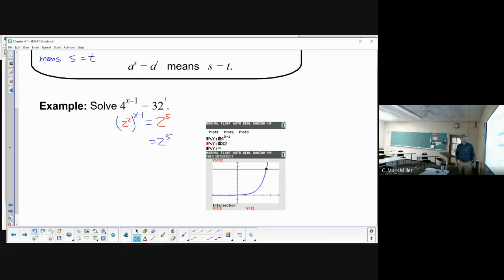You're going to use the property that a to the s to the t equals a to the st. You need to be able to do this. So 2 to the 2 to the x minus 1 is 2 to the 2 times x minus 1. You multiply those.